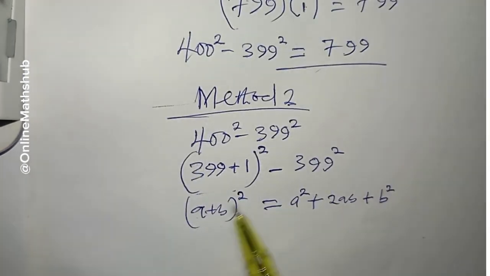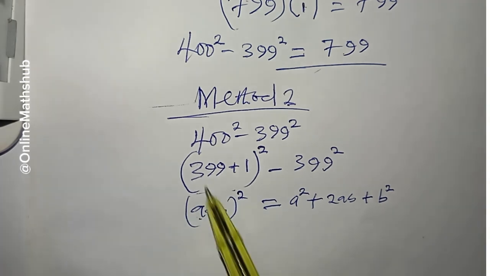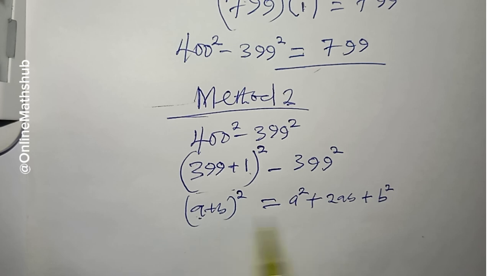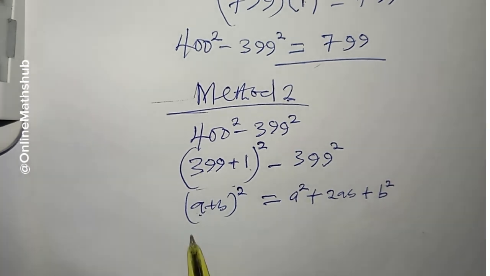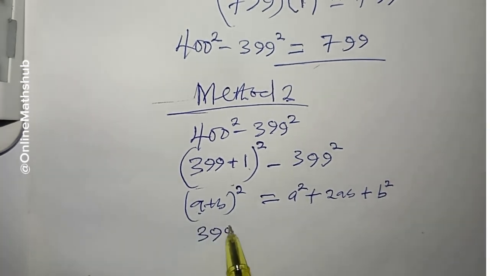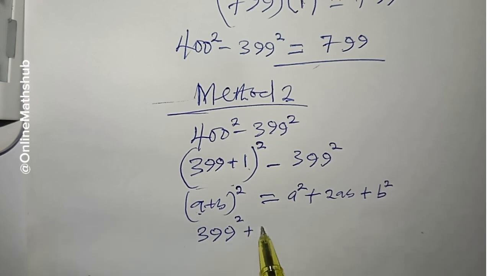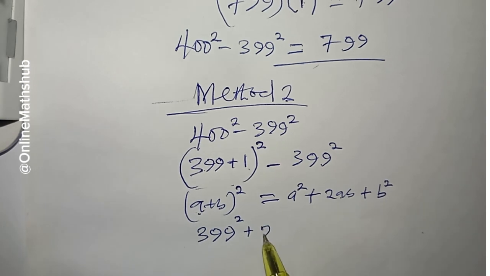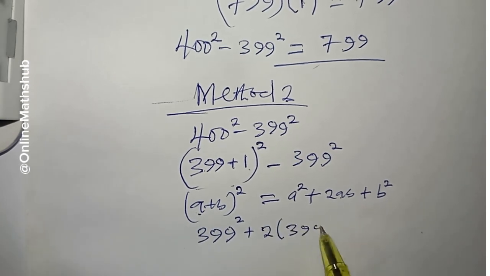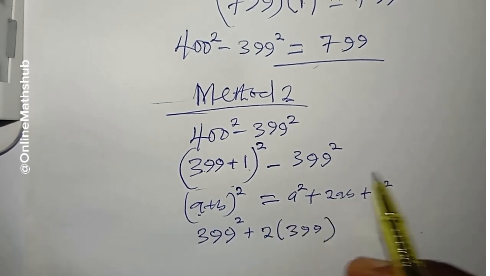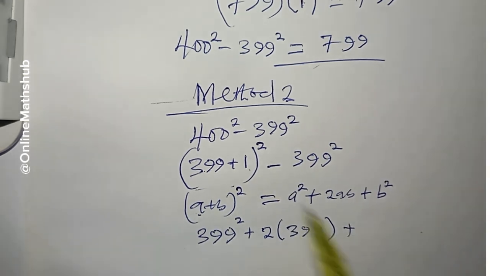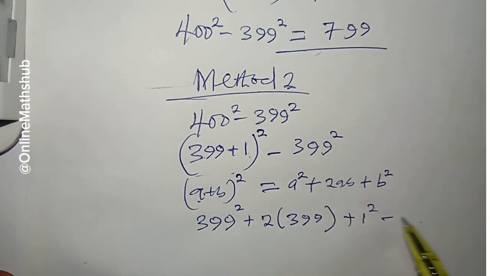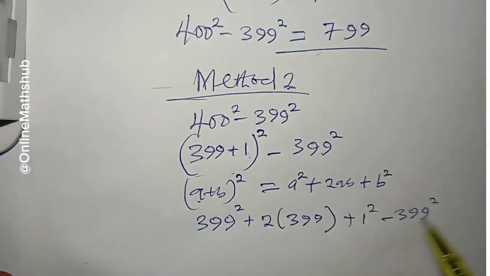and then plus b squared. Applying that here, in this case our a is equal to 399 and b is equal to 1. If I apply this, what I'm going to have is 399 squared plus 399 times 1, multiplied by 2, that is 2 times 399, and then plus 1 squared, and then minus this 399 squared.